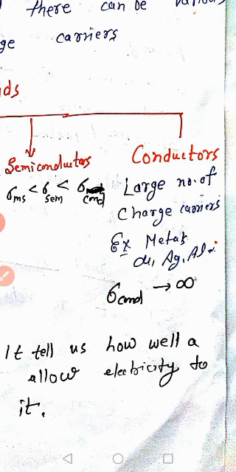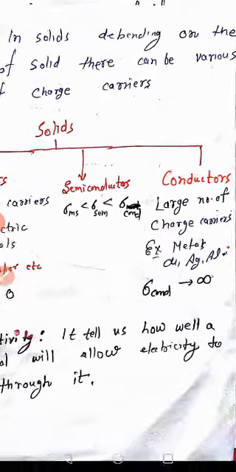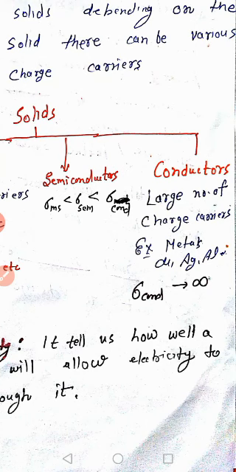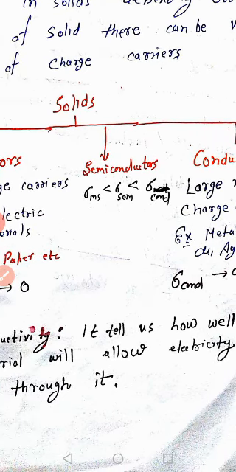So the conductivity of the conductors is very high. And there is a third type of material which lies in between insulators and conductors. These materials have conductivity in between insulators and conductors.